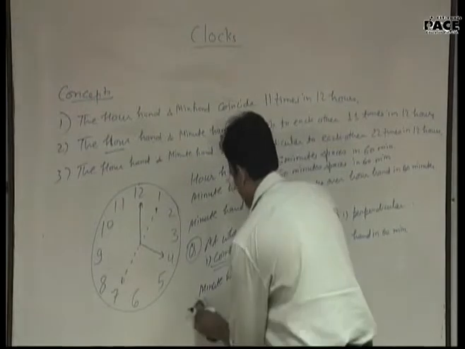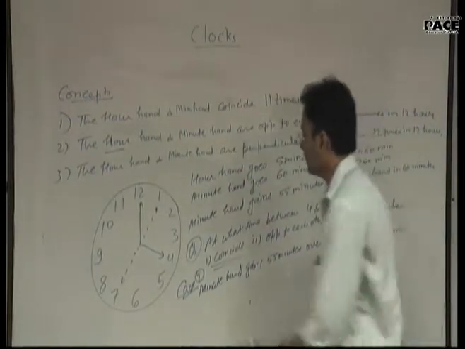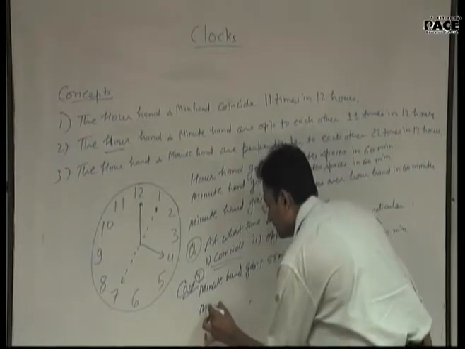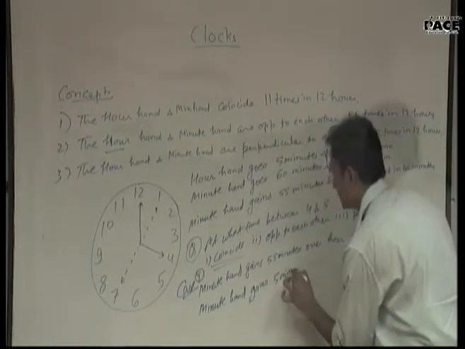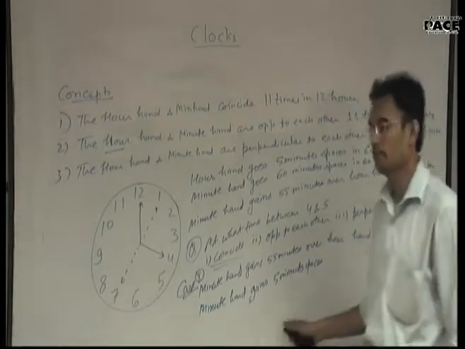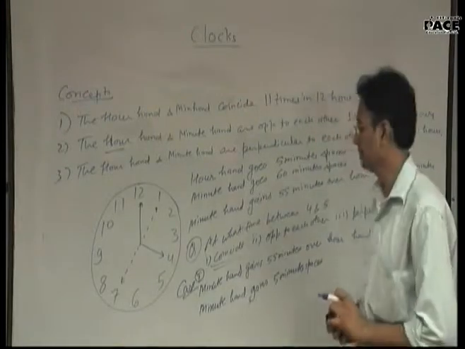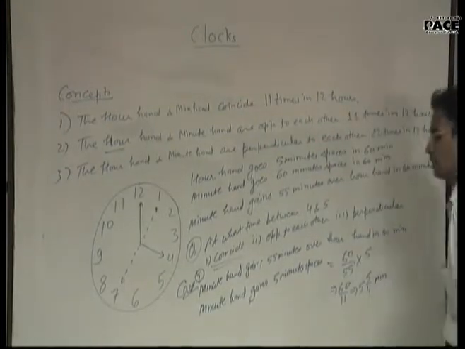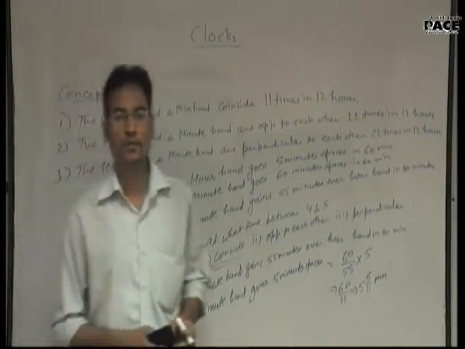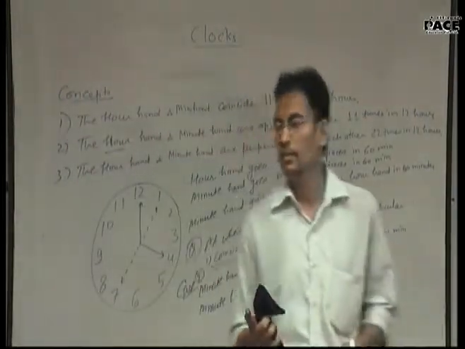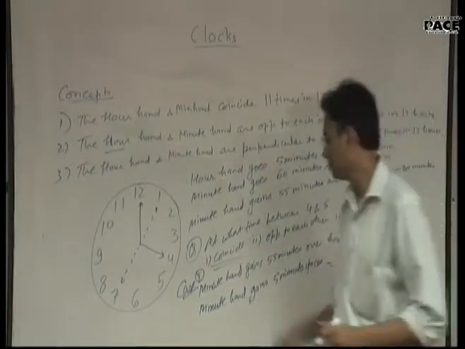Case 1, the minute hand has to gain 5 minute spaces over the hour hand in order to be perpendicular to the hour hand. So at 5 by 11 minutes past 4, the two hands will be perpendicular for the first time between 4 and 5.